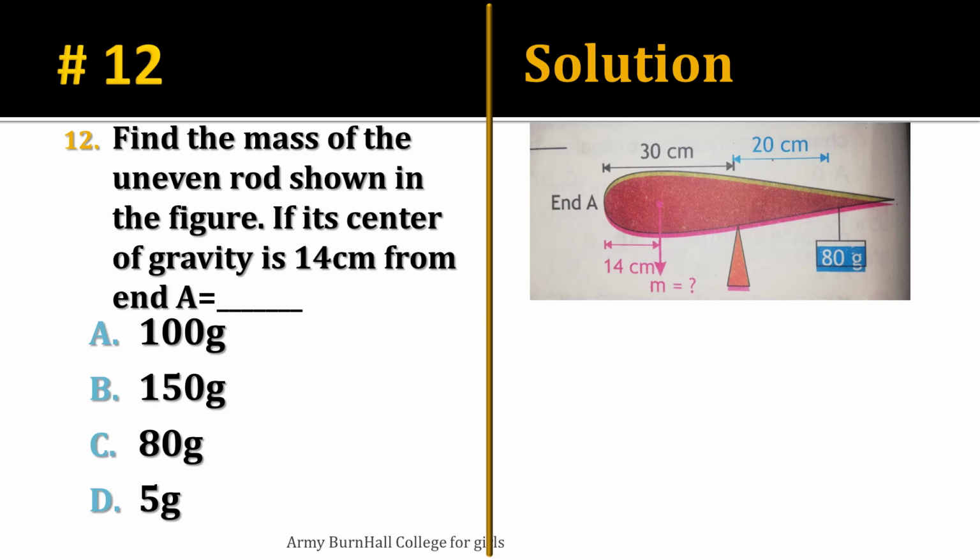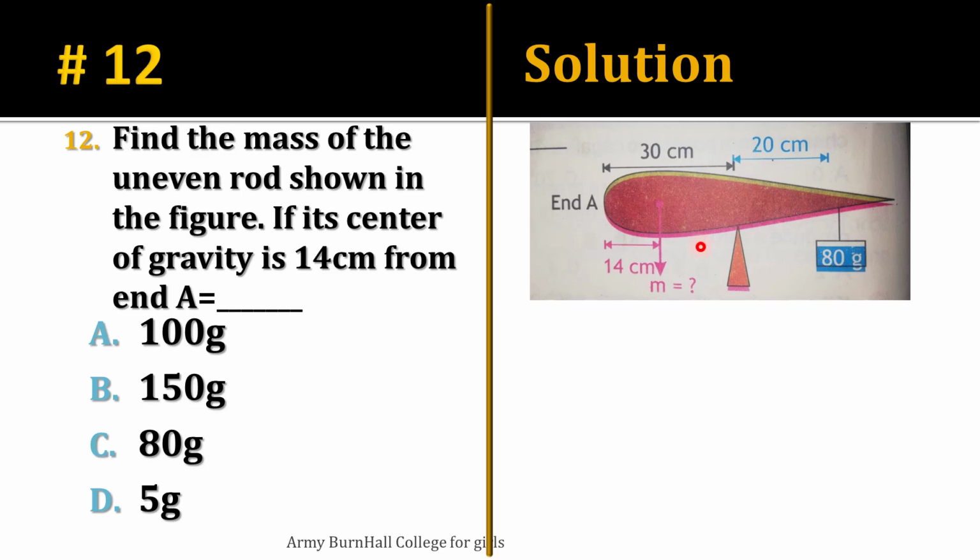It is balanced on the wedge. Its center of gravity is 14 cm from end A, and between end A and the center we have 30 cm length, and between the balance point and this mass we have a distance of 20 centimeter. They are asking what is the mass of this uneven rod.